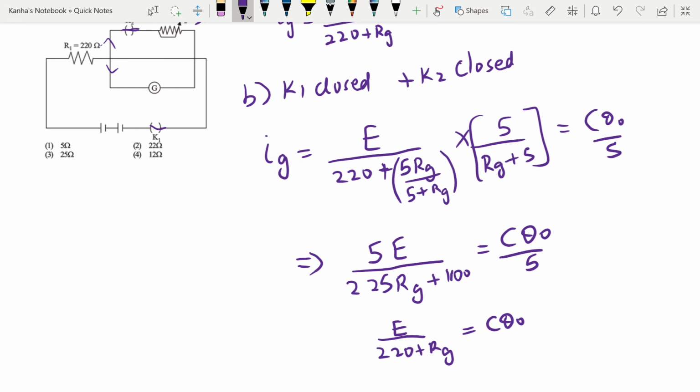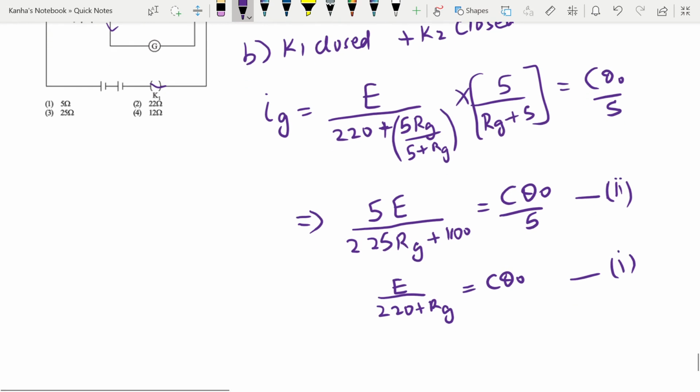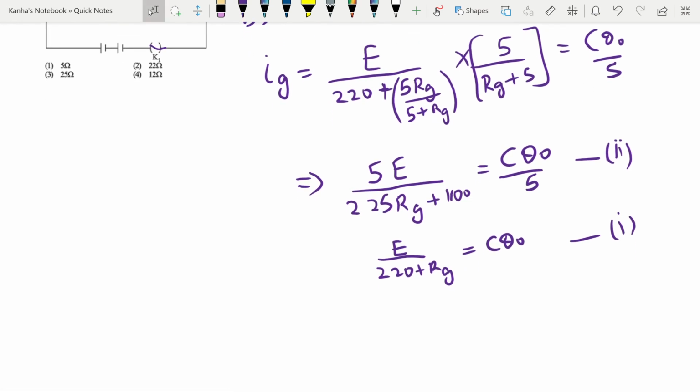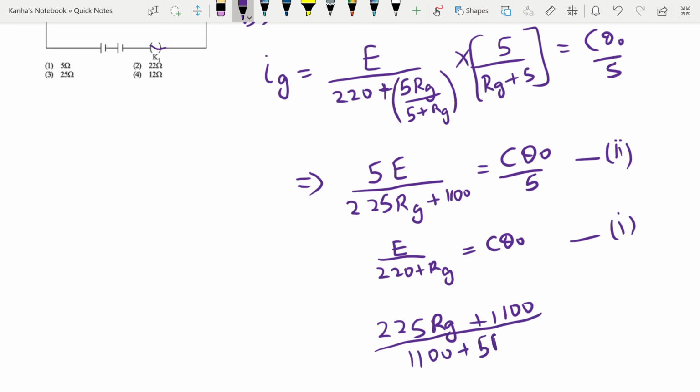Okay, let me give the values. Let's say I'll call this 2 and I'll call this 1. If I just divide 1 by 2, I get 225 Rg plus 1100 divided by 1100 plus 5 times Rg is given by 5.